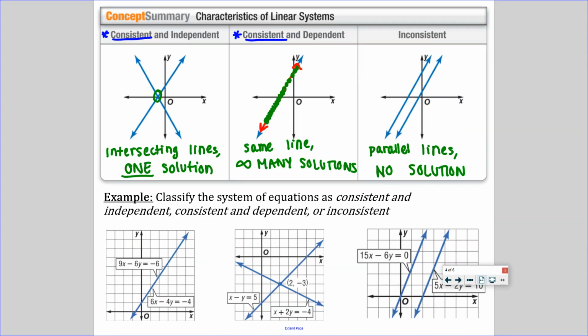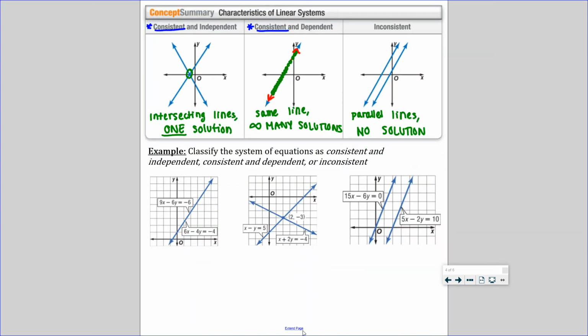Okay, so let's practice classifying these really quick. This first one, you can see we have two different equations here, but they end up being the same line. How would I classify that? Consistent, independent. Perfect. Consistent, because there are solutions, there's infinitely many. And dependent. So if you graph and you get two lines that are the same line, you'd have infinitely many solutions.